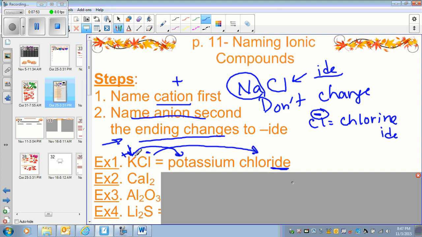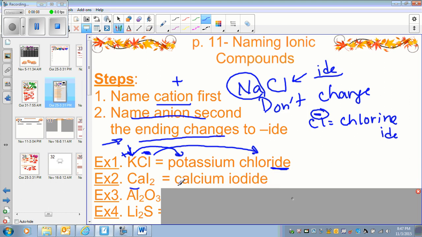So all the second half, which is negative, or the first half is all positive: potassium, calcium, aluminum, lithium. The positive or cations don't change their name, and the anions will all end with IDE. So if this is calcium, then I have calcium iodide. You know, iodine will become iodide.